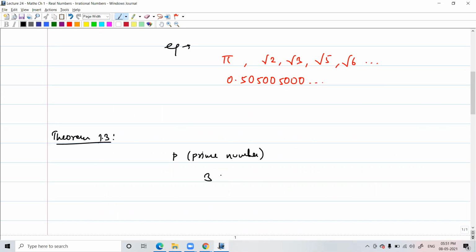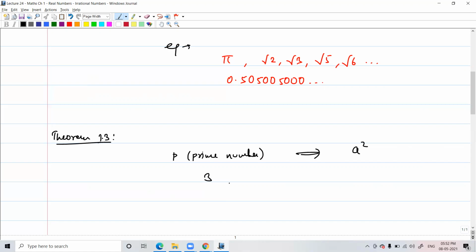That's what it means. Since we are taking an example of 3, I'm saying that 3 divides the square of some number, let's say A square. Now, if P divides A square, that means P will divide A also.